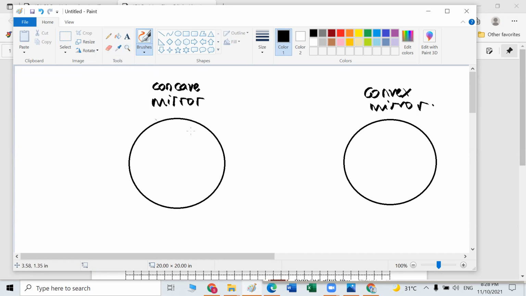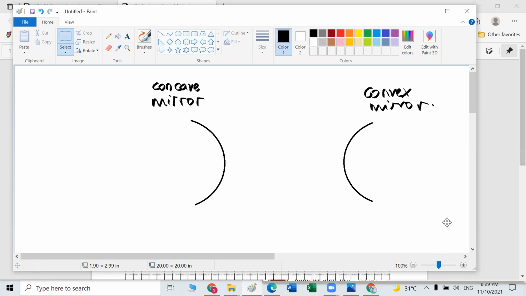So how do we get it? Cave means it will curve inside. So we can erase this part. Then erase this part. Then convex mirror, it will pop up. So we will erase another part.